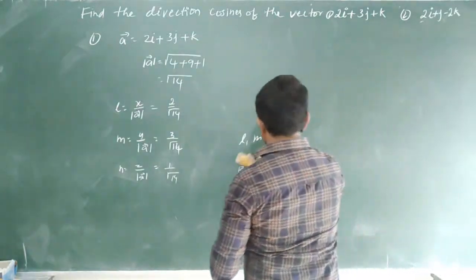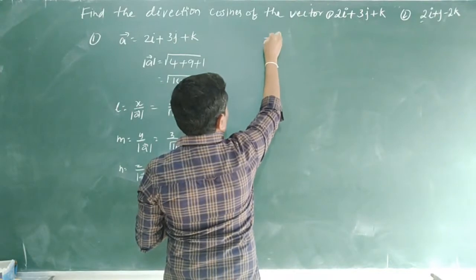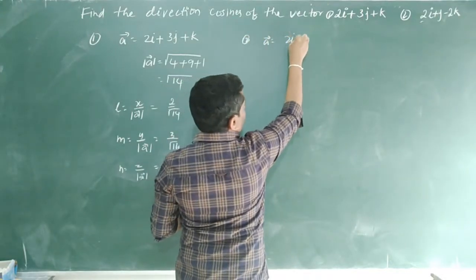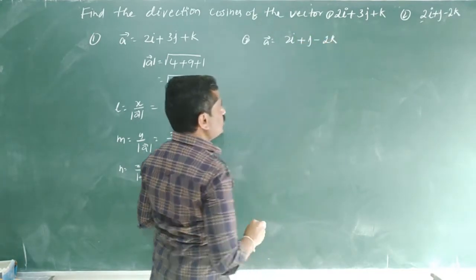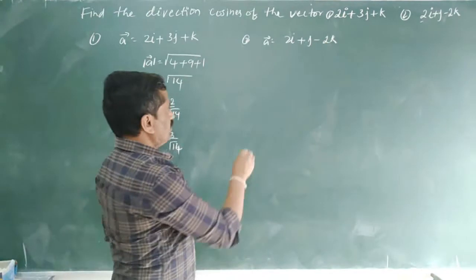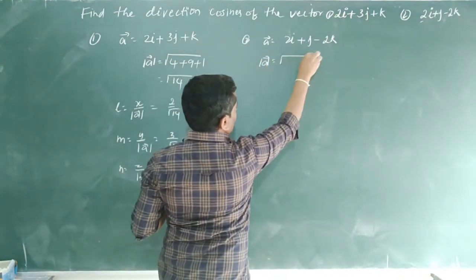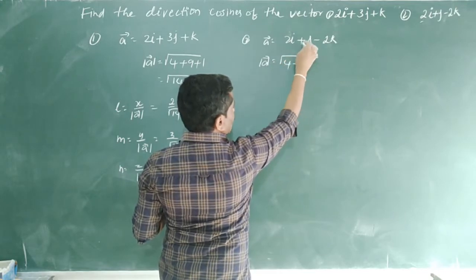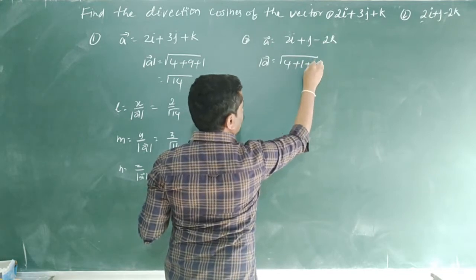So write this vector as a, therefore number 2, a bar is equal to 2i plus j minus 2k. So again magnitude of a bar is equal to square root of 2 square, 4, plus 1 square, 1, plus minus 2 whole square, we have 4.